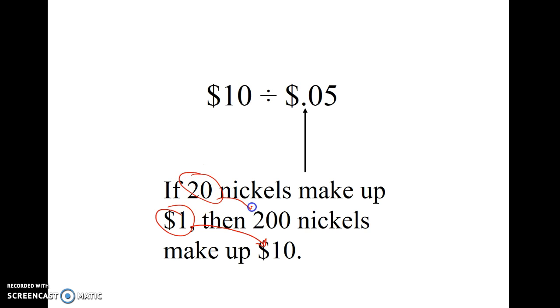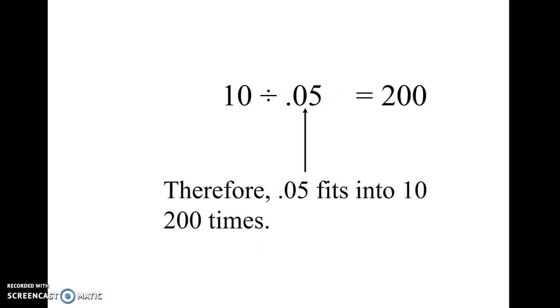So I'd have to take my 20 nickels and multiply that by 10 to need 200 nickels to make up $10. So therefore, we could say $10 divided by nickels, or 500ths, gives us 200, because 500ths fits into 10 200 times.